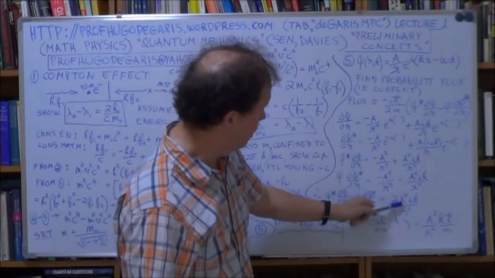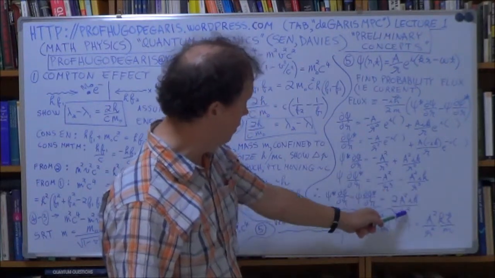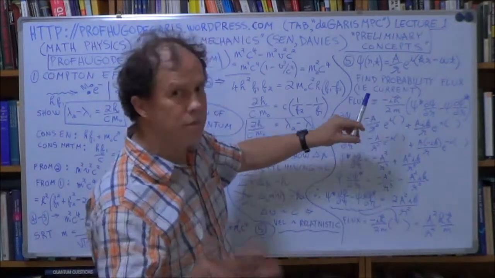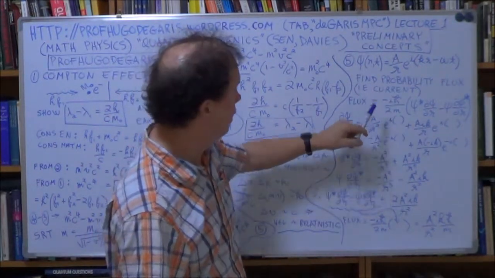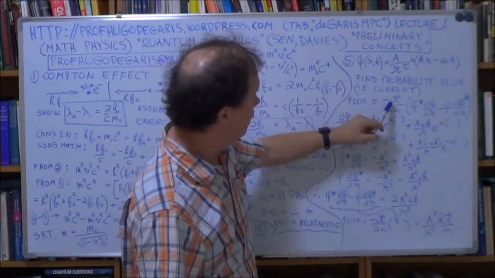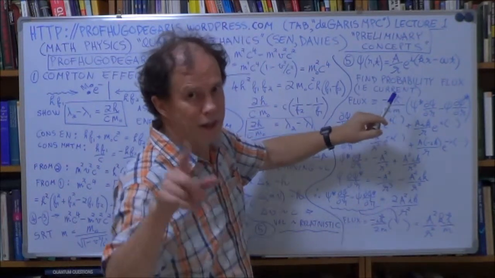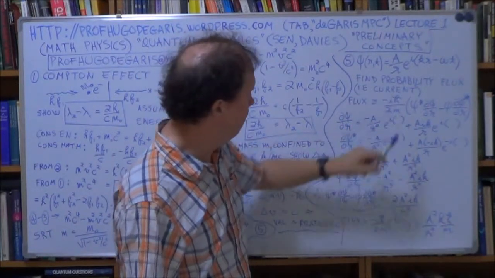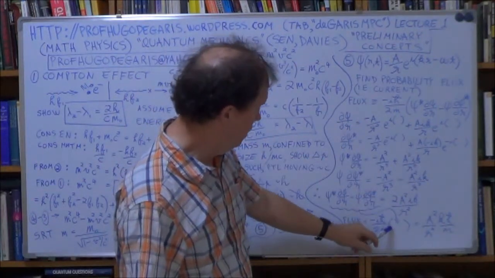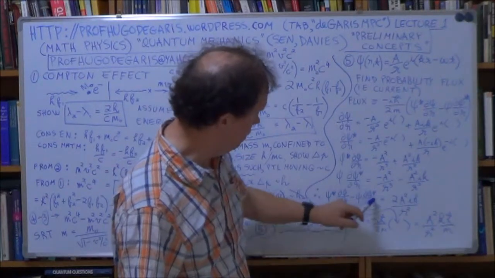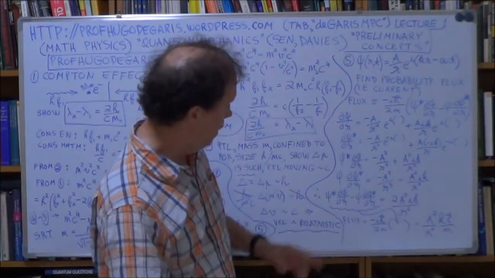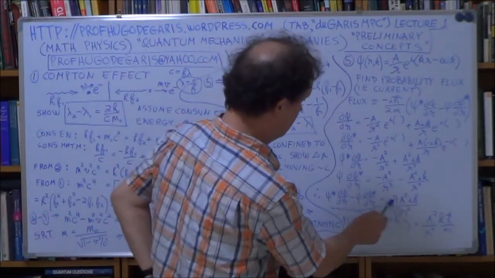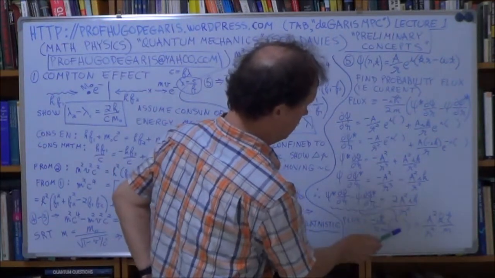So you get 2a squared ik over r squared. Now the flux, or the current, is defined as minus i h bar, that's Planck's constant divided by 2 pi, remember this h bar, divided by 2m. So here's this term, and you plug this value into here.